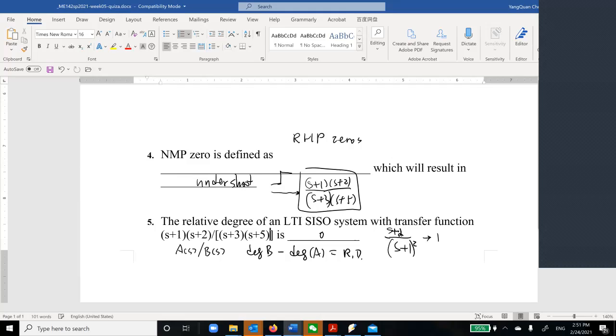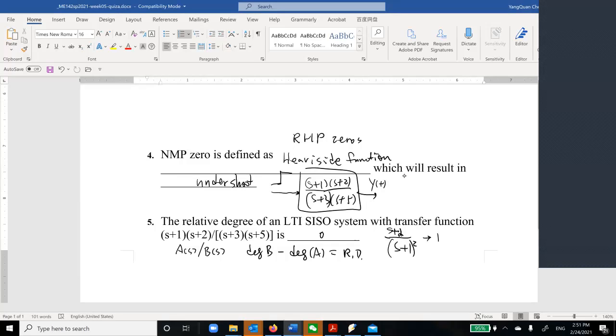Step is also called the Heaviside function. So what is the step response, y of t? You can solve that by using CUPI.